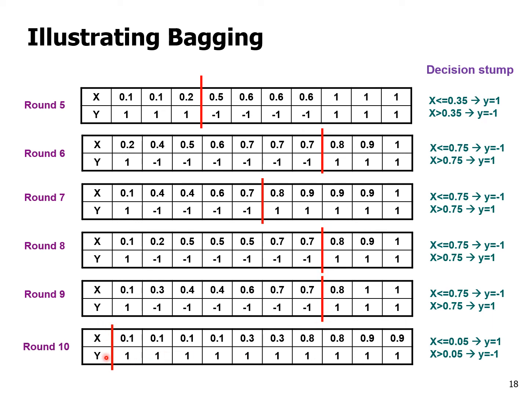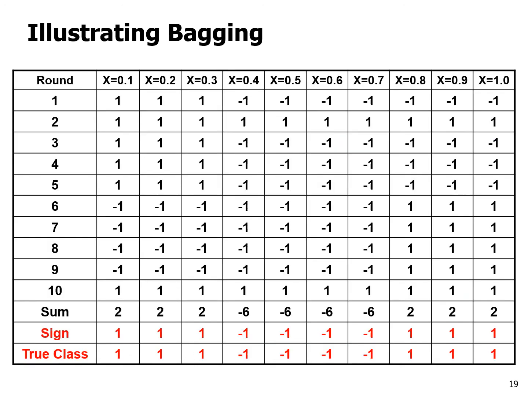So far we have 10 different samples, and for each sample we build a classifier, a decision stump. So now we have 10 different classifiers using 10 different training samples.